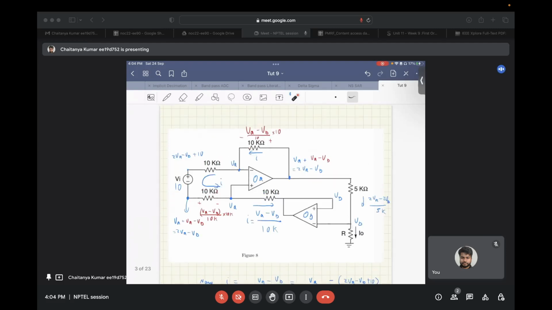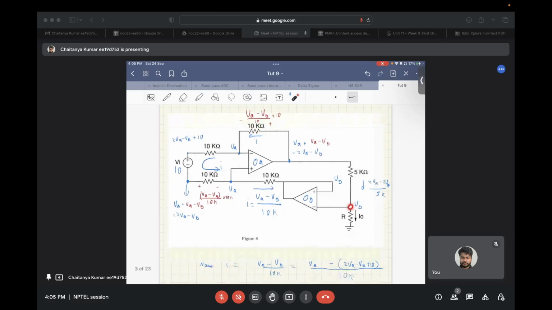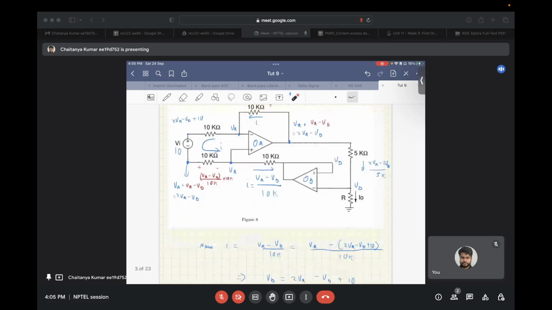And again the voltage developed across this 10 kilo ohm resistor is VA minus VB, and hence the voltage at the output of the op amp, that is this node, is VA plus the voltage developed across this resistor. So that comes out to be 2 VA minus VB. Now this voltage is VB as discussed earlier, and this voltage we calculated as 2 VA minus VB. So the current through this 5 kilo ohm resistor is (2 VA minus VB) divided by 5 kilo ohms.